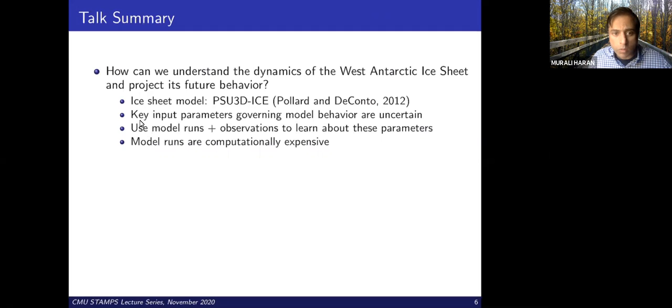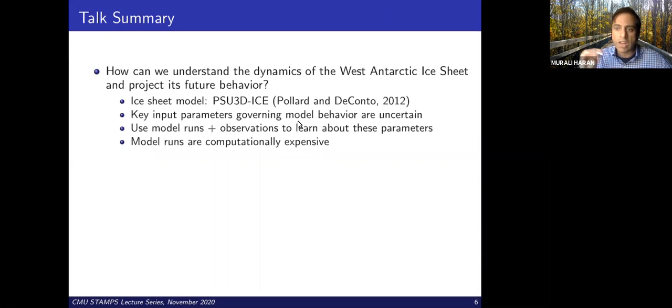And then we note that there are certain parameters in this model that govern the model behavior. And here's the key word: they're uncertain, meaning that people have some idea of what those values might be, but they don't really know what they are.